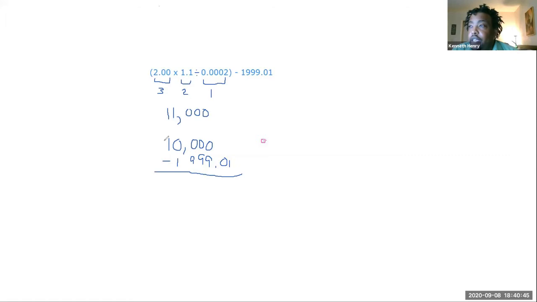What number is that sig fig? 1. So the line would be drawn between the 1, because the 1 is significant, and a number that isn't significant, which is 0.